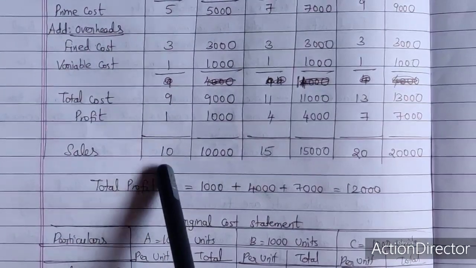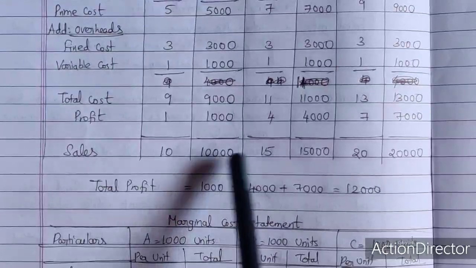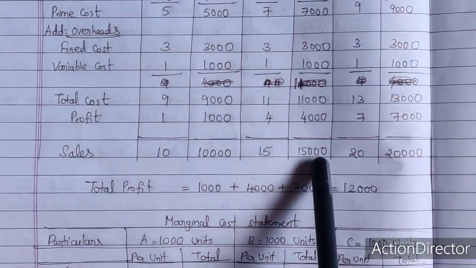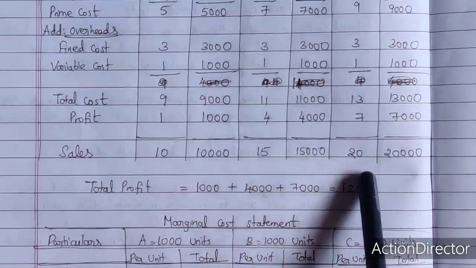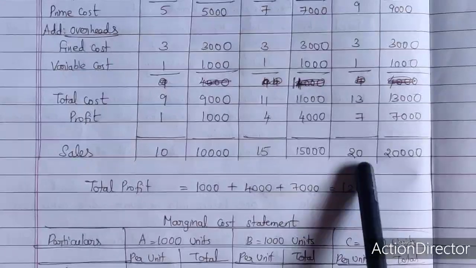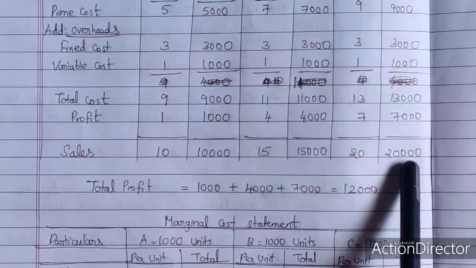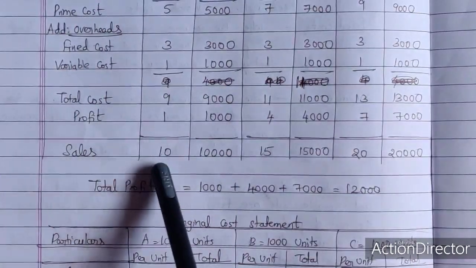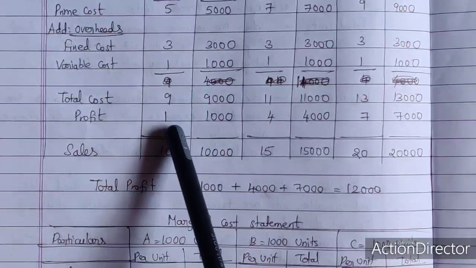So 10 rupees per unit for A is 10,000 rupees for 1000 units. 15 rupees per unit is 15,000 rupees for 1000 units. 20 rupees per unit is 20,000 rupees for 1000 units. In this way we have to calculate the sales.